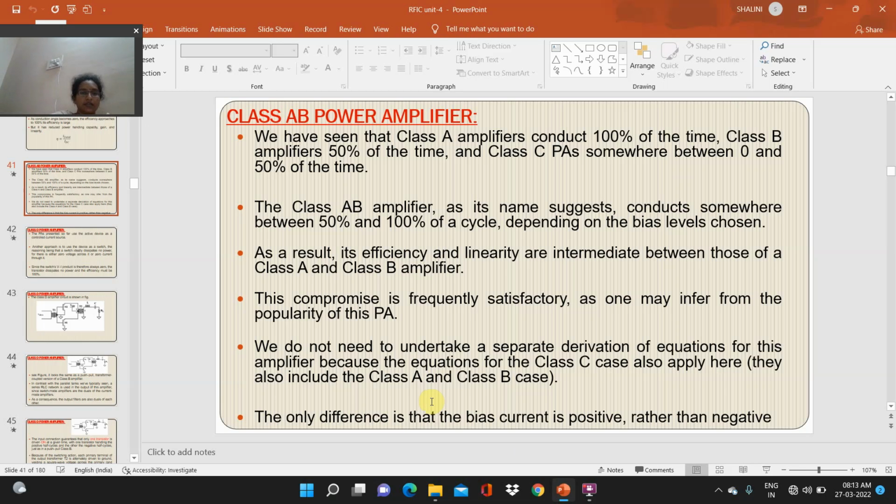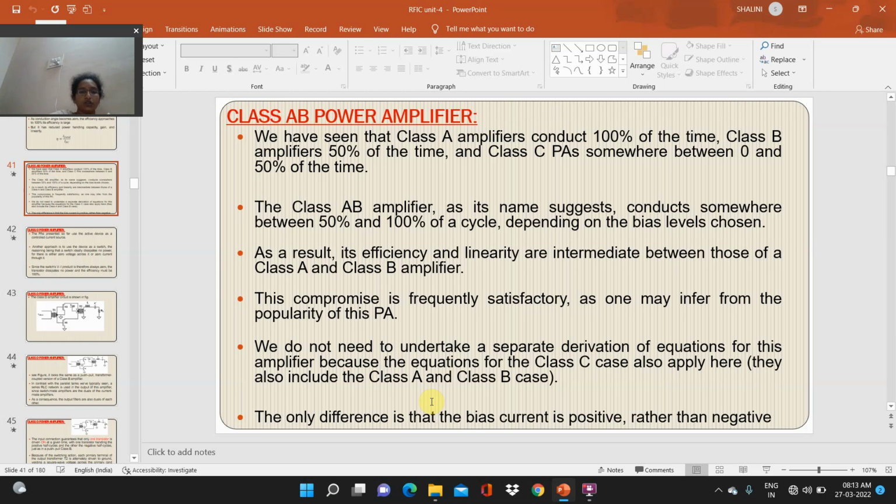The Class AB amplifier, as its name suggests, conducts somewhere between 50% and 100% of a cycle, depending on the bias levels chosen. As a result, its efficiency and linearity are intermediate between those of a Class A and a Class B amplifier. This compromise is frequently satisfactory, as one may infer from the popularity of these power amplifiers.